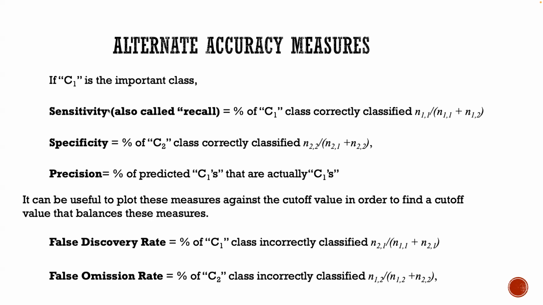So that's sensitivity. Specificity is the percentage of class 2 correctly classified. So it's basically just the opposite of sensitivity in terms of the second class. Second class N22 means the class 2 actual that we predicted as 2. So that's correctly classified, divided by class 2 that we predicted as 1 plus class 2 that we predicted as 2.